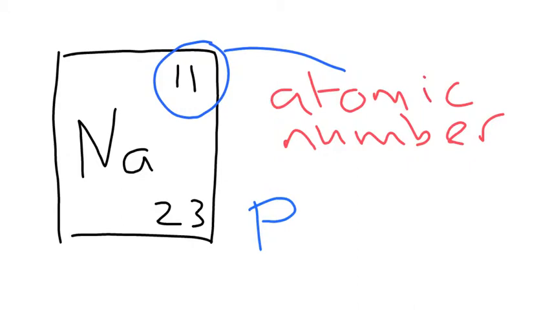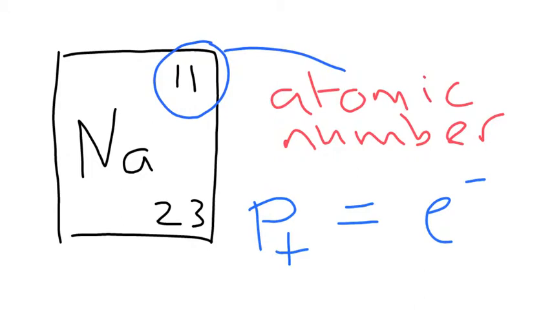However, because atoms are neutral overall, the number of positive protons is the same as the number of negative electrons. So that means we can use the atomic number to help us decide how many electrons a particular element actually has.